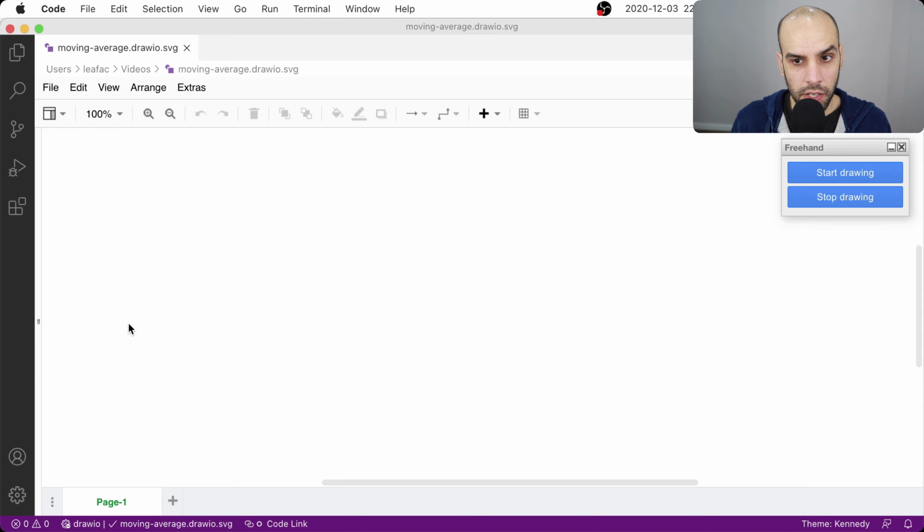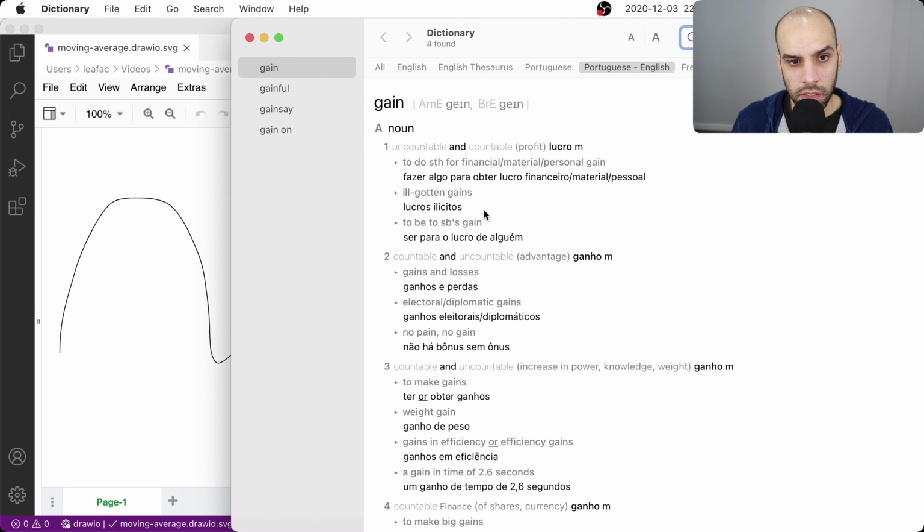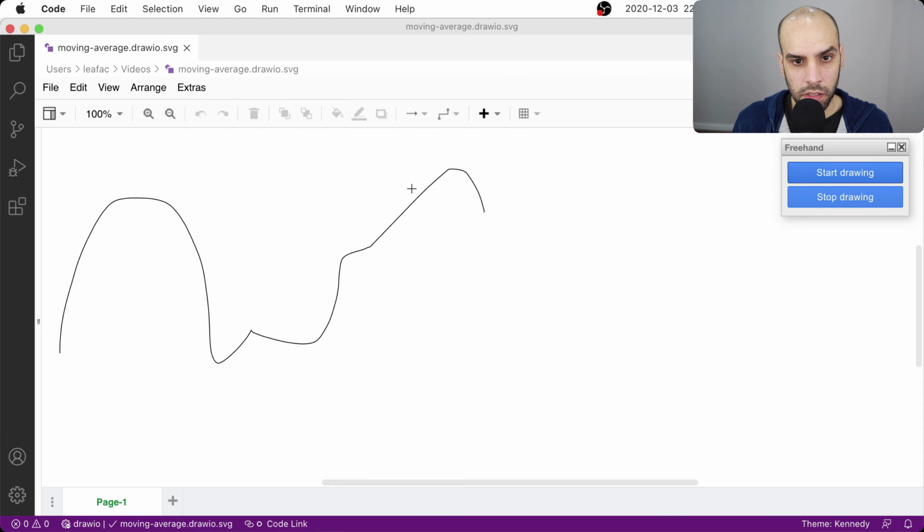So suppose that you have some samples coming in and they draw a shape that looks like this. Anyway, they draw a shape like this. So these are the samples, the sound pressure, or the position of the speaker cone in time.